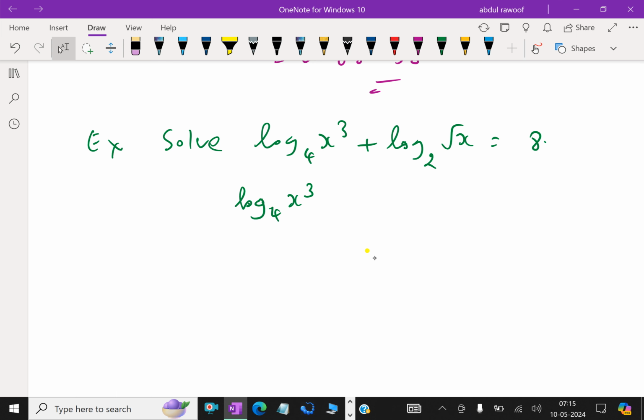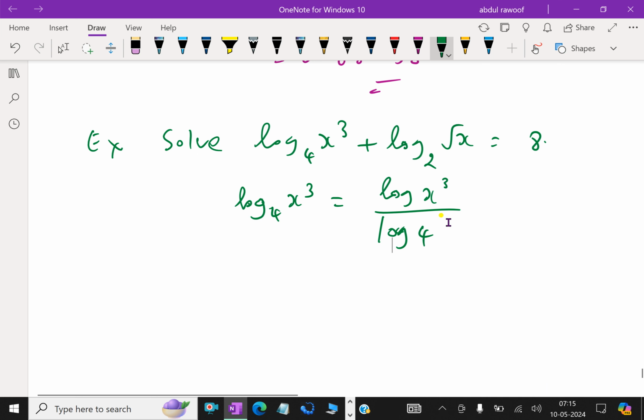Log base 4 of x cube can be written as log x cube divided by log 4, by the change of base rule, both are base 10.